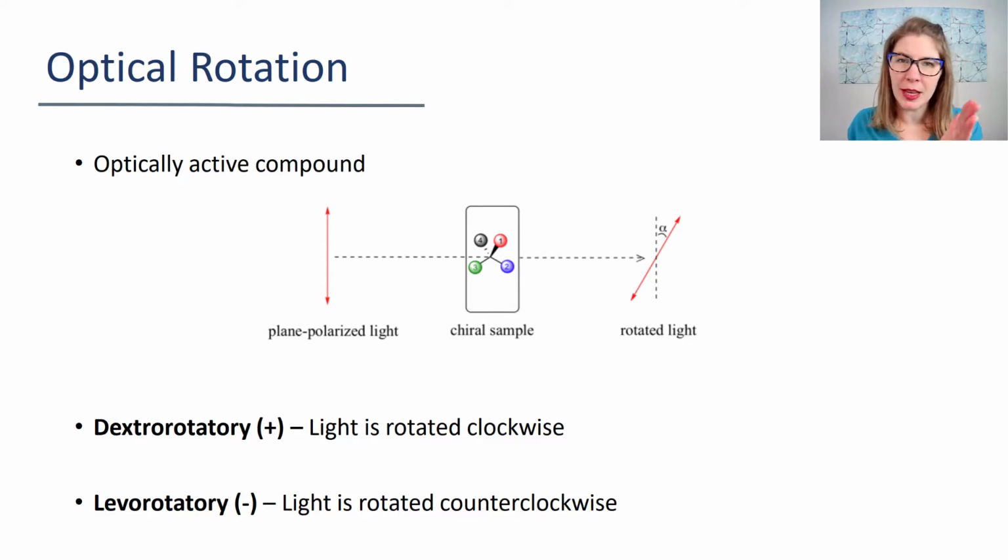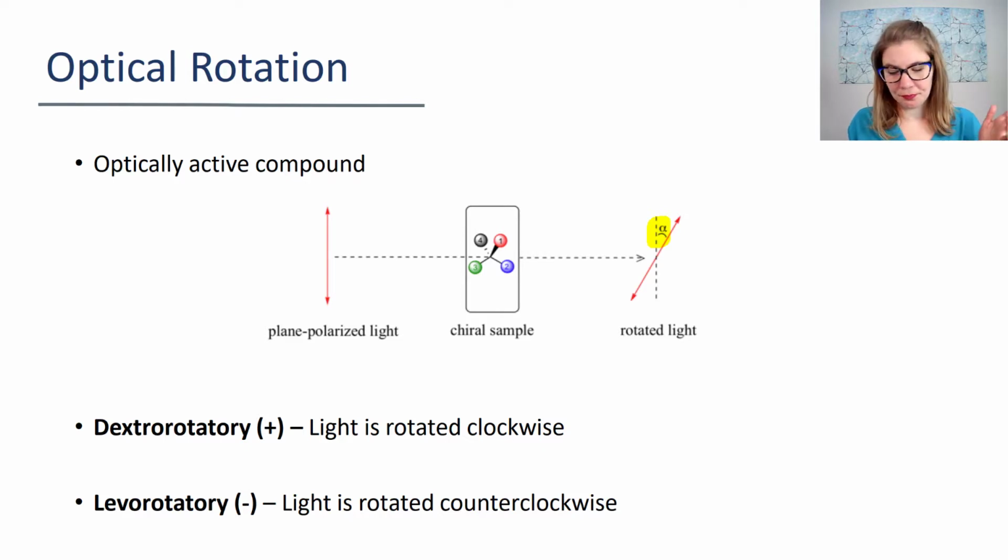So we've created the plane polarized light, we hit our sample with the plane polarized light, and our sample will rotate that light. And the direction as well as the magnitude that it rotates is what we take down as the data.